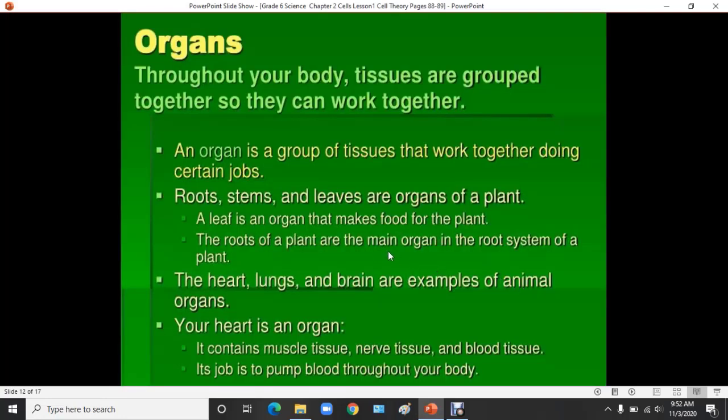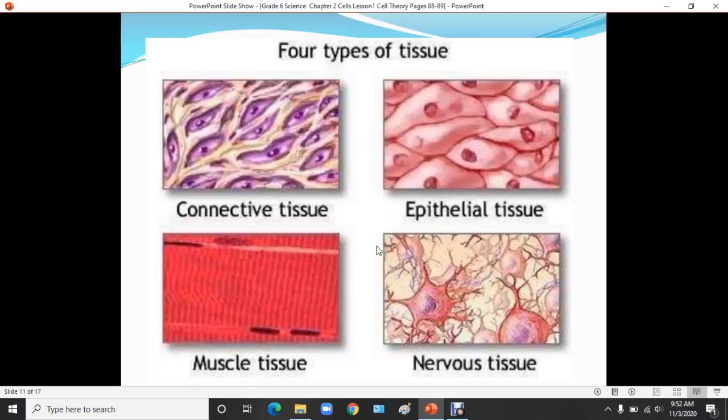So animals are mostly comprised of 4 types of tissue, in which muscle tissue is made up of cells and fibers that move bones, pump blood and push substances through the digestive system. Bone, cartilage, tendons, fat and blood are connective tissue.